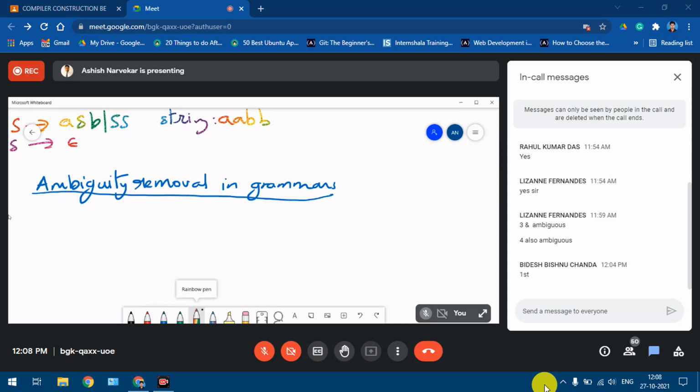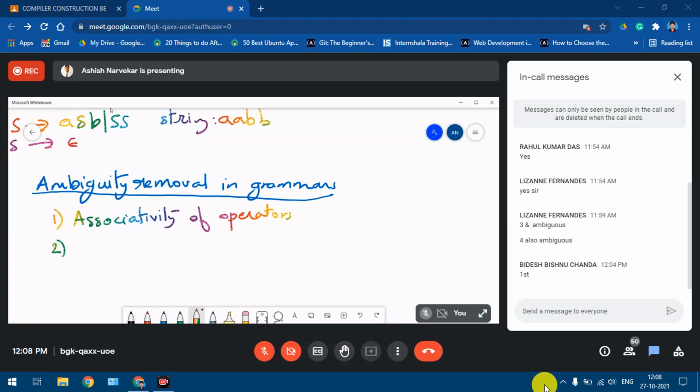So for removal of ambiguity, there are two things that need to be considered. The first factor is called associativity of operators. Associativity comes into the picture when we have operators of the same precedence.